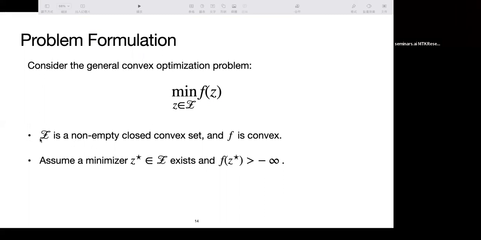And if the set capital C is Euclidean space, then it is the unconstrained convex optimization problem. And if the capital C is a subset of the Euclidean space, then it is a constrained problem.